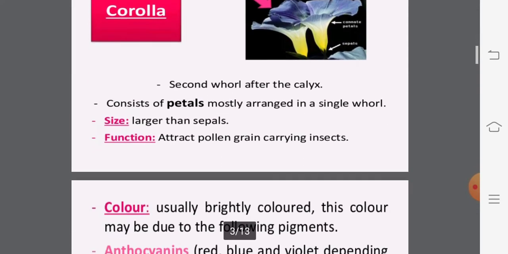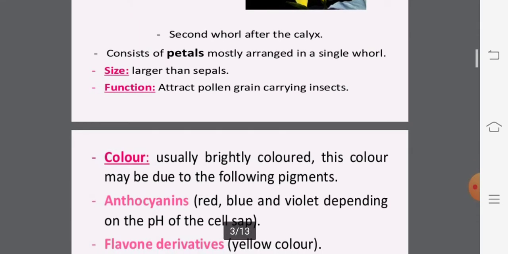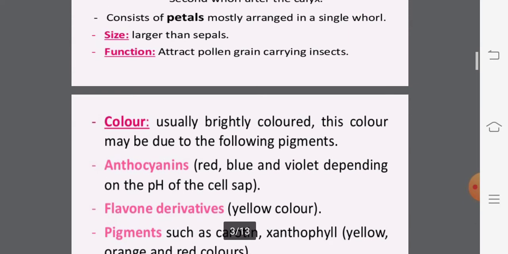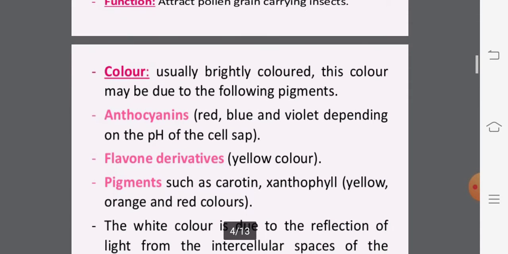The petals may be arranged in a single whorl. They are larger than the sepals and attract the pollen-carrying insects. These insects visit the flower due to the presence of honey.